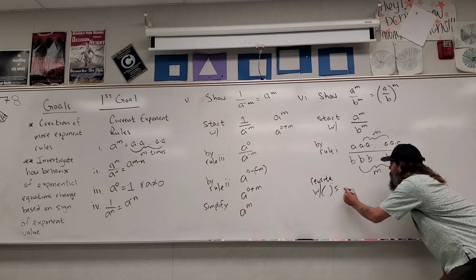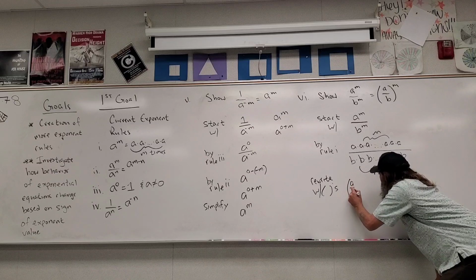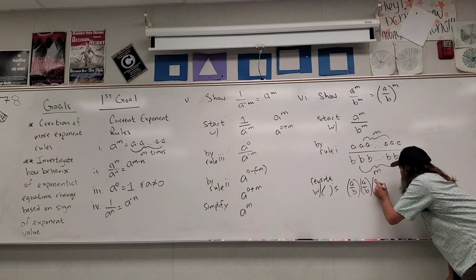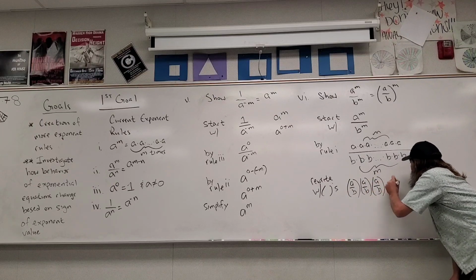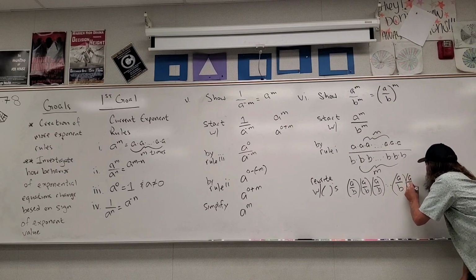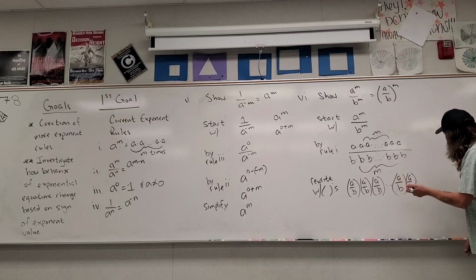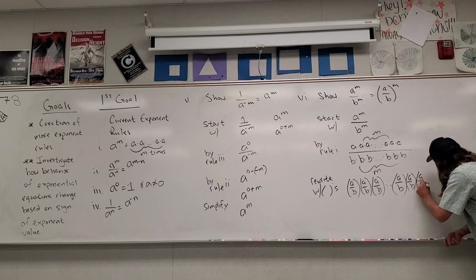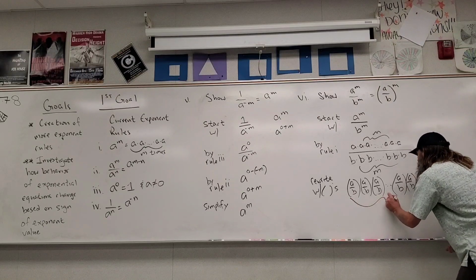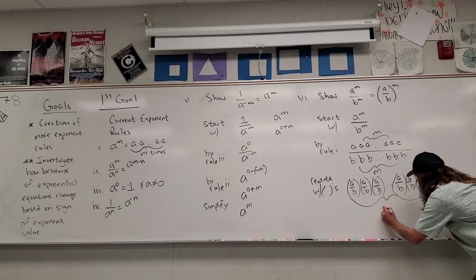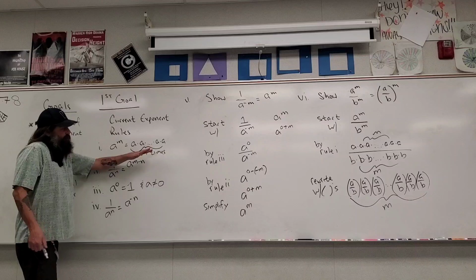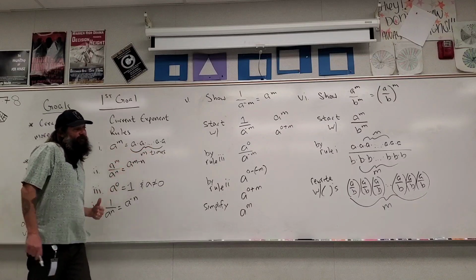And I now get a over b times a over b times a over b times dot dot dot a over b times a over b, one more a over b. Now remember, I have this a total of n times. I have the right side of this equation now, which means I can turn it into the left side of the equation.